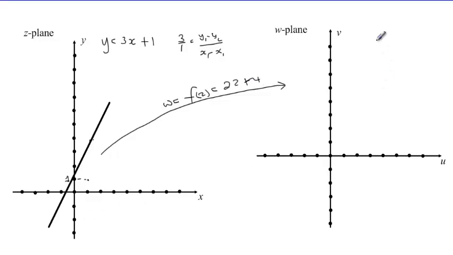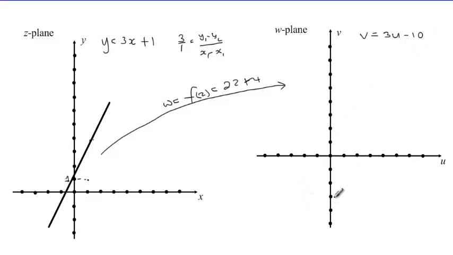And what we got here is a line v, which is our vertical axis, equals 3u minus 10.